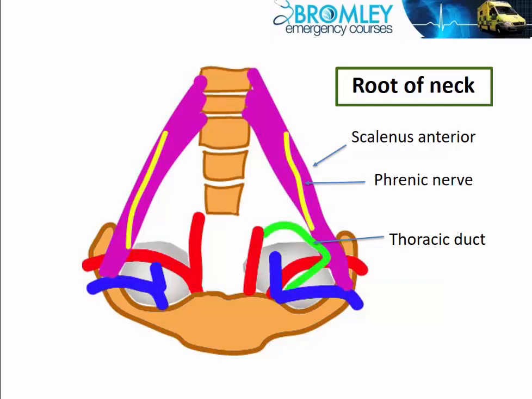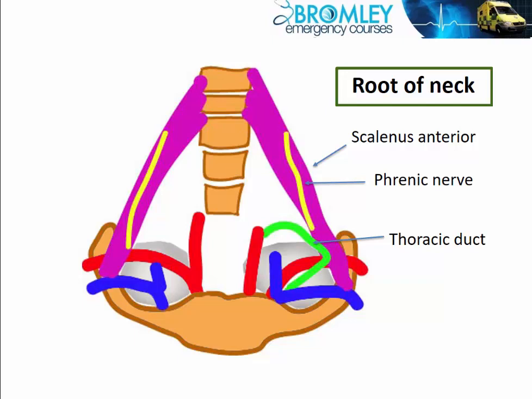And where the vein passes between the clavicle above and the first rib below, it's supported and held by those structures, and one of the values of that is it prevents the vein collapsing completely in underfilled patients who are hypovolemic, and so it's one of the reasons why it's a good vein to aim at if you're needing to get emergency venous access. Okay, so that's the main structures in the root of the neck.